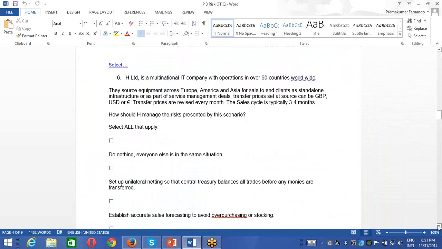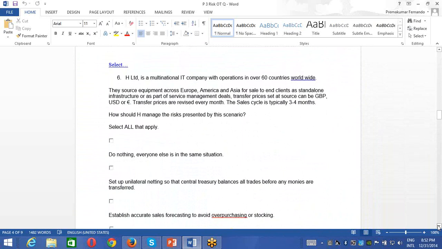They source equipment across Europe, America and Asia for sale to end clients as standalone infrastructure or as part of service management deals. Transfer prices set at source can be sterling pounds, US dollars or euro. Transfer prices are revised every month. The sales cycle is typically 3 to 4 months. How should the company manage the risk presented by this scenario?